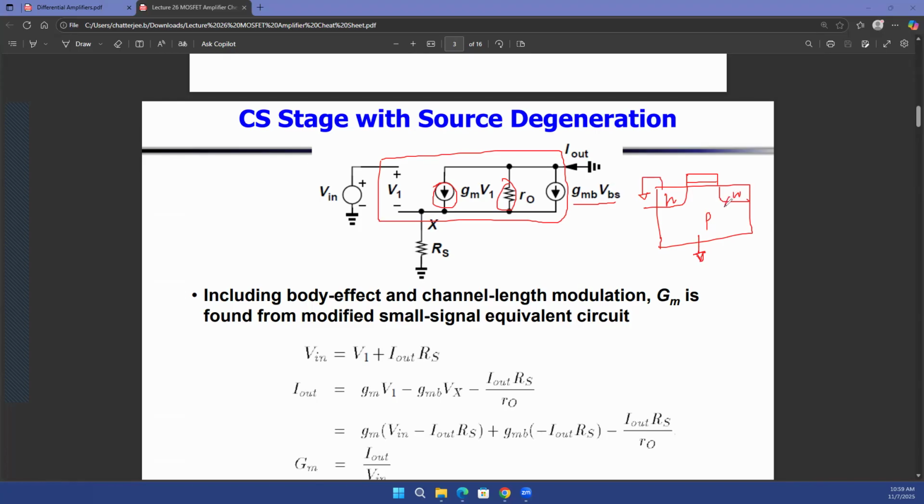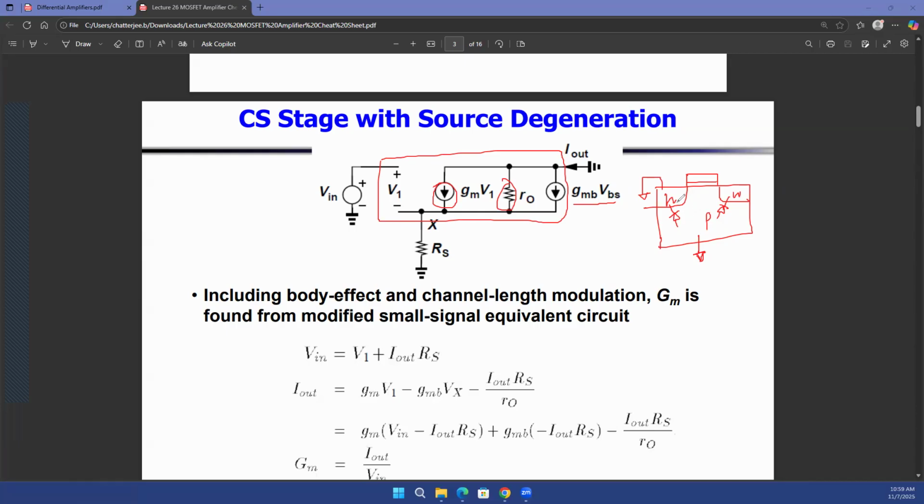There is a diode over here and there is a diode over here. Those diodes will become forward biased and turn on unnecessarily if you keep your P-type semiconductor at a positive voltage. So you keep your P-type semiconductor at zero potential. That's the body potential of the MOSFET.